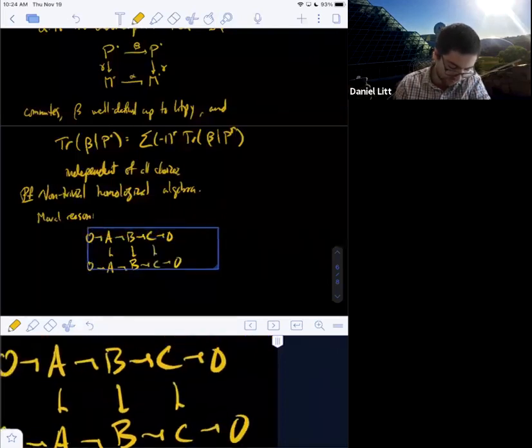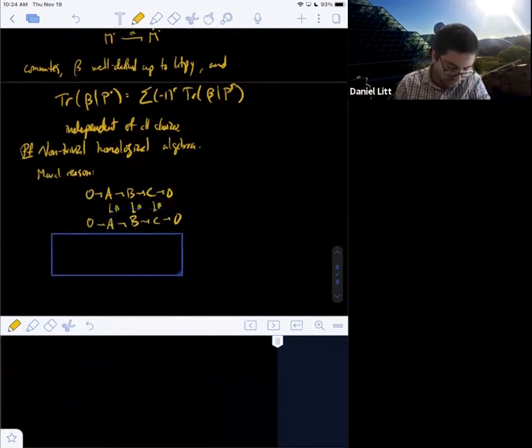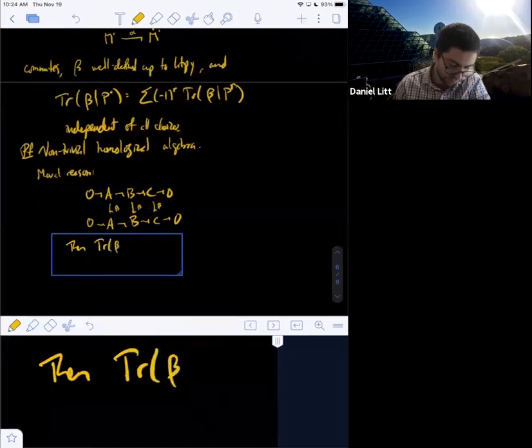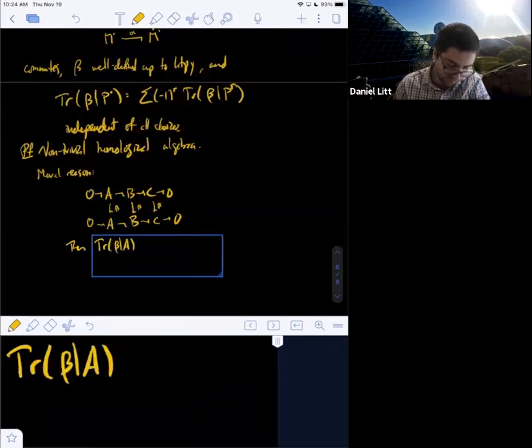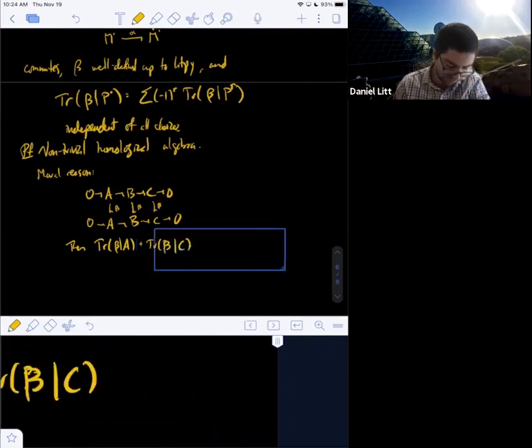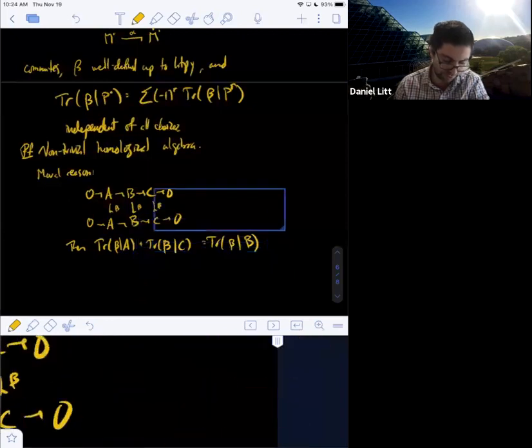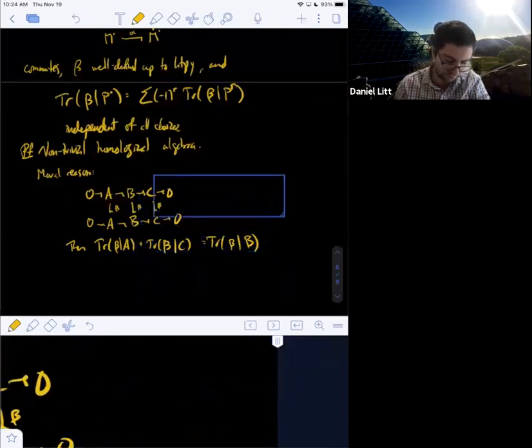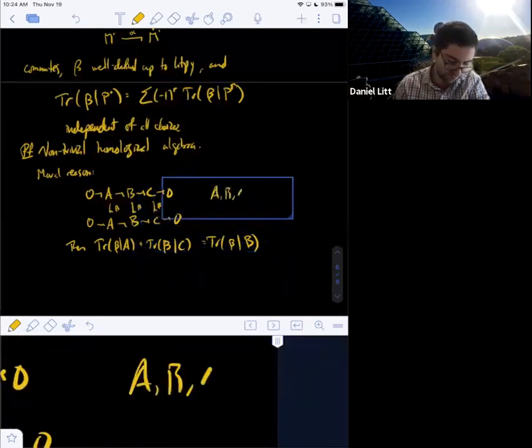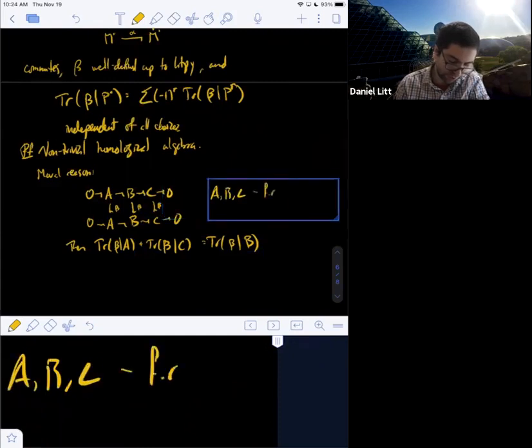Let me call these maps beta. Then the statement is that the trace of beta on A plus the trace of beta on C equals the trace of beta on B. This is if A, B, and C are finitely generated free R modules.